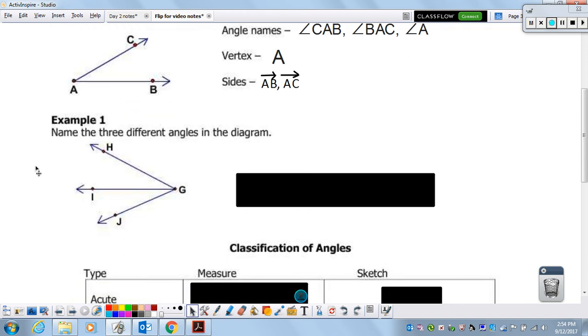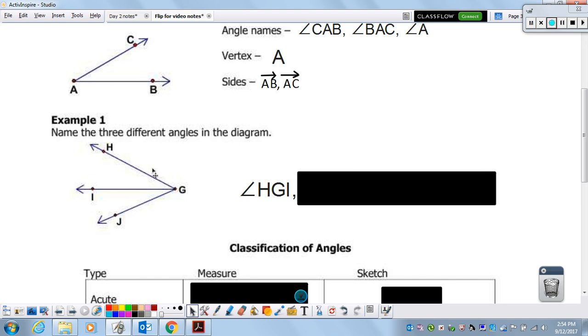So here's another example. We have a picture here, and it contains three different angles. So we're going to name those three angles. The first angle is angle HGI. Again, you start on one side, go to the vertex, and then down the other side. You could have also called this angle IGH, but it's still the same angle.